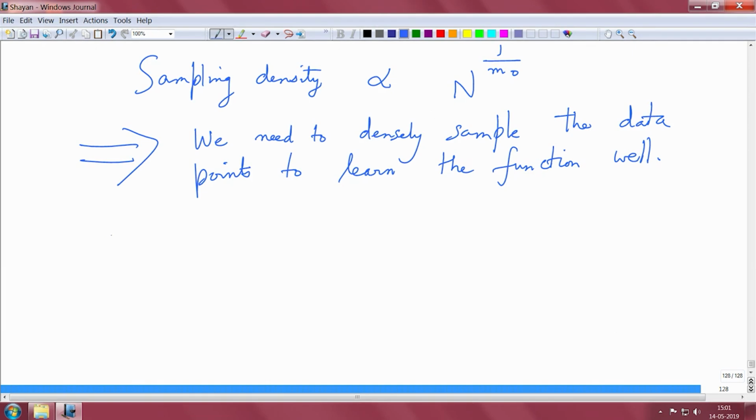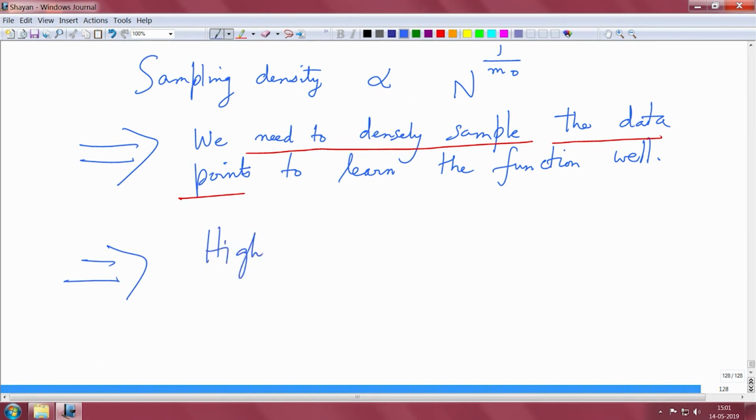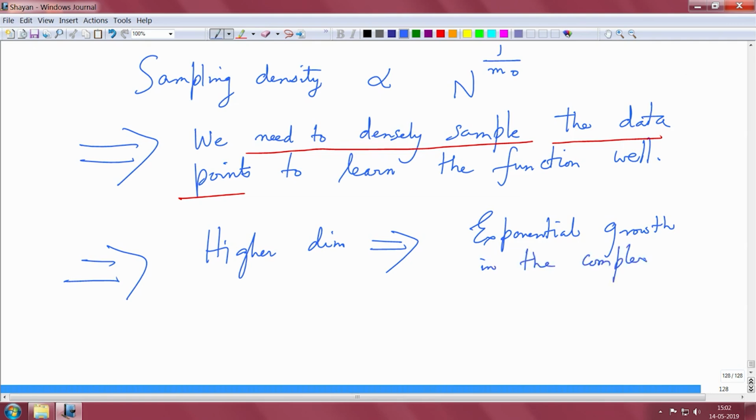To learn the function well, I need to sample the data points from higher dimensions, and at the same time higher dimensions imply exponential growth in the complexity of the network or algorithm or whatever we want to call this here.